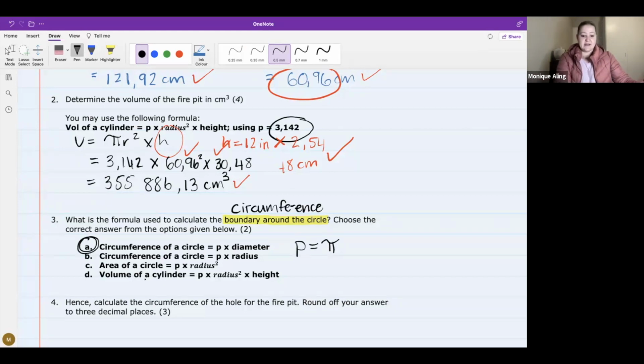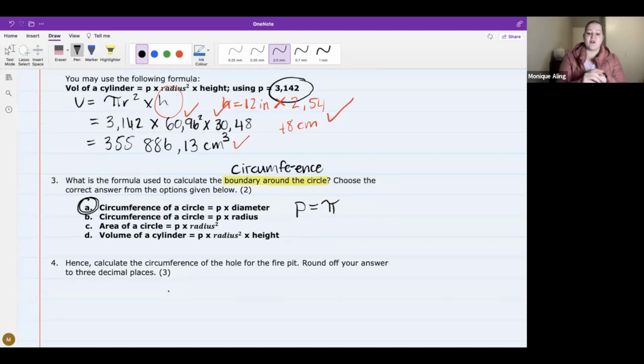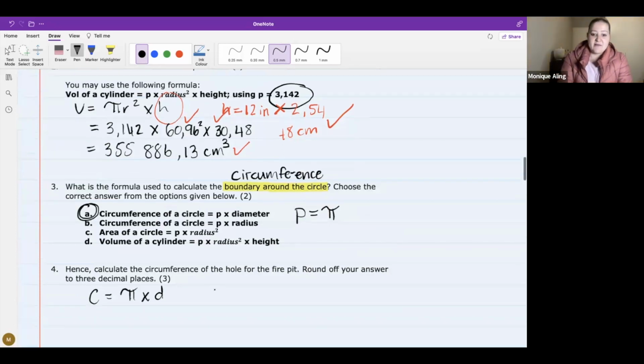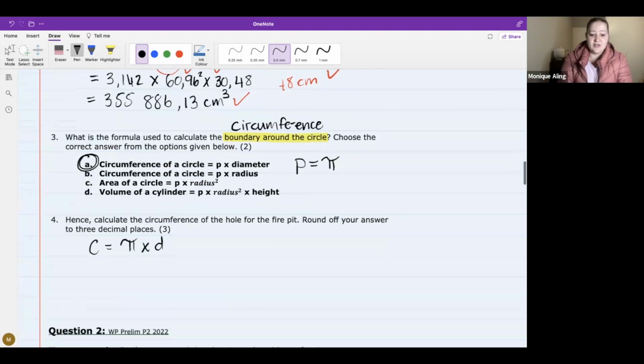Well done. Question 4. Hence, calculate the circumference of the hole for the fire pit. Round off your answer to 3 decimal places. So we said circumference is equal to pi times d. We did work out the diameter earlier. The 121,92.